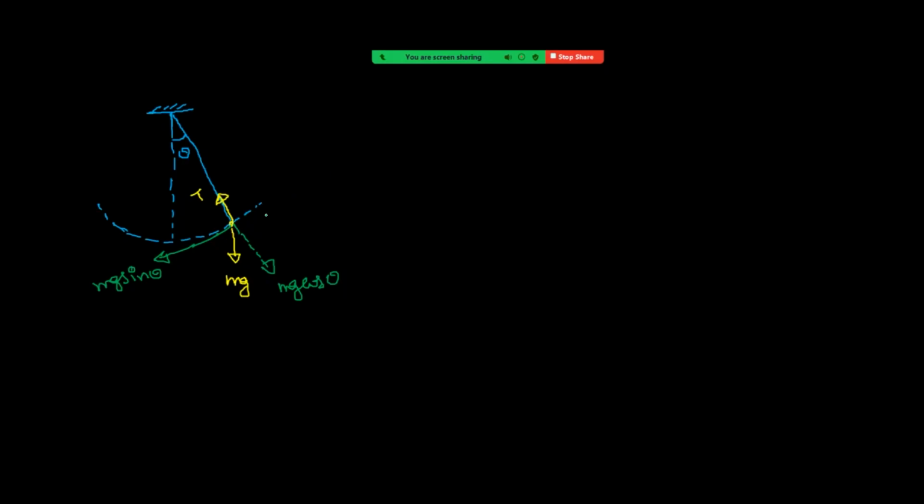Now we know that the net force towards the center is called the centripetal force. So I am writing here centripetal force equal to mass into centripetal acceleration. Remember, this is not a force. Any force is only on the left side.